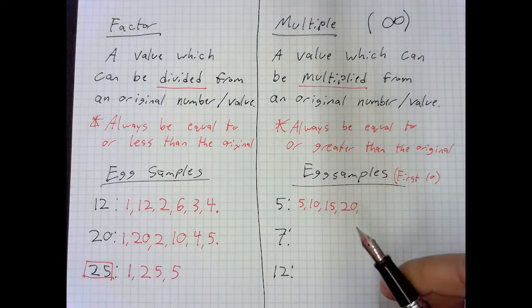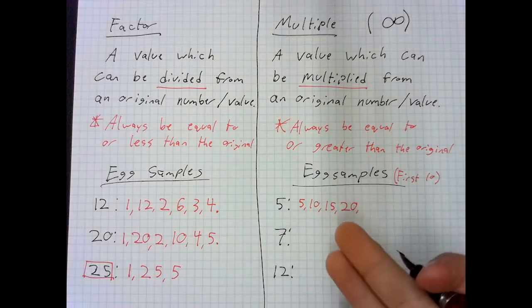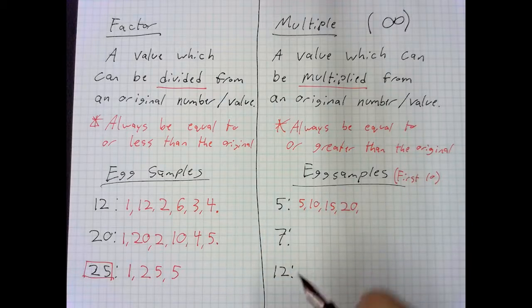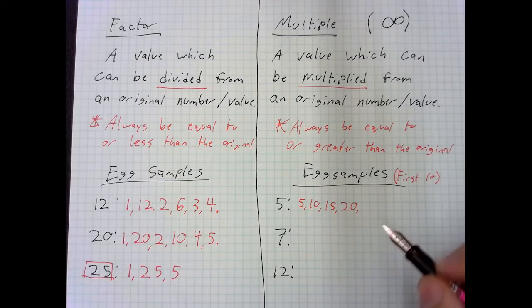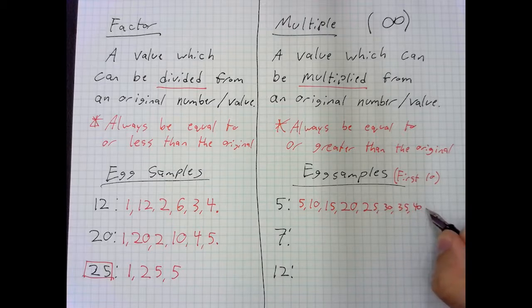I suppose this is a good time to point out a little shortcut you can take. Instead of actually saying 5 times 4, 5 times 5, you can just count by 5s and you'll have the same effect. So 5, 10, 15, 20, 25, 30, 35, 40, 45, 50.